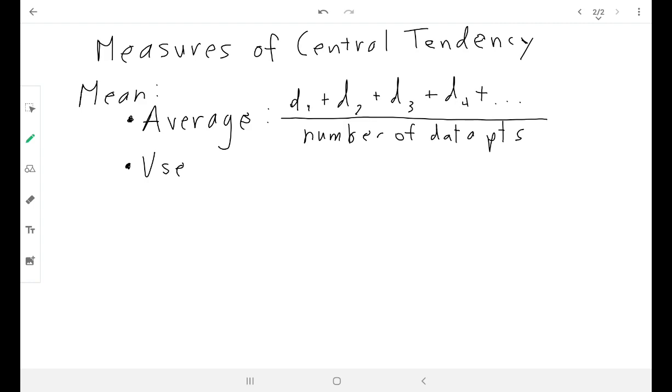We're going to use the mean when there are no outliers.